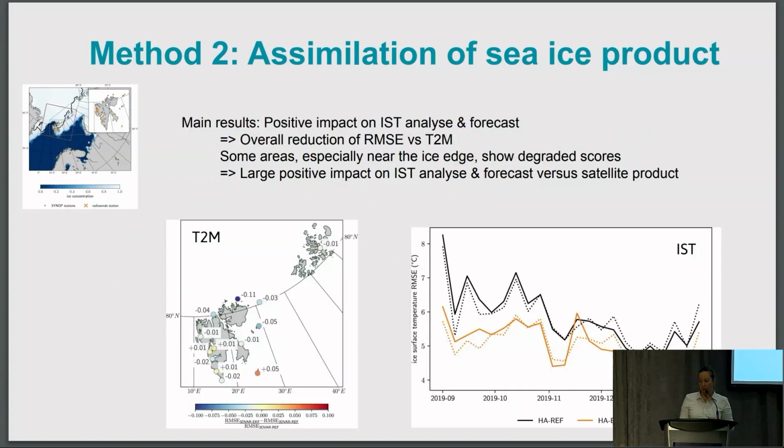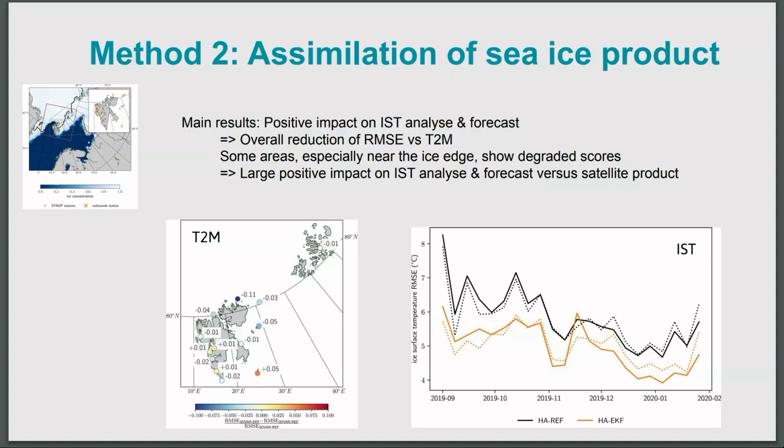On the top left, you have the map of sea ice concentration and also the location of observations. And what he saw is that it gets mainly positive impact on the analysis and the forecast.